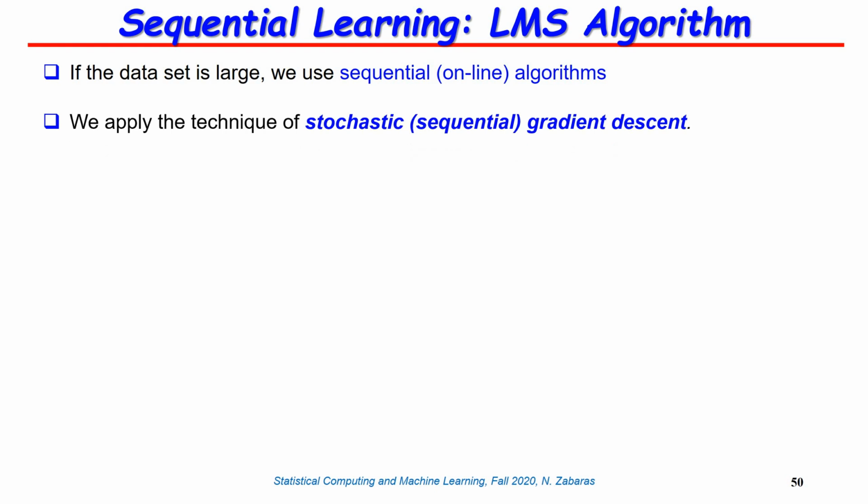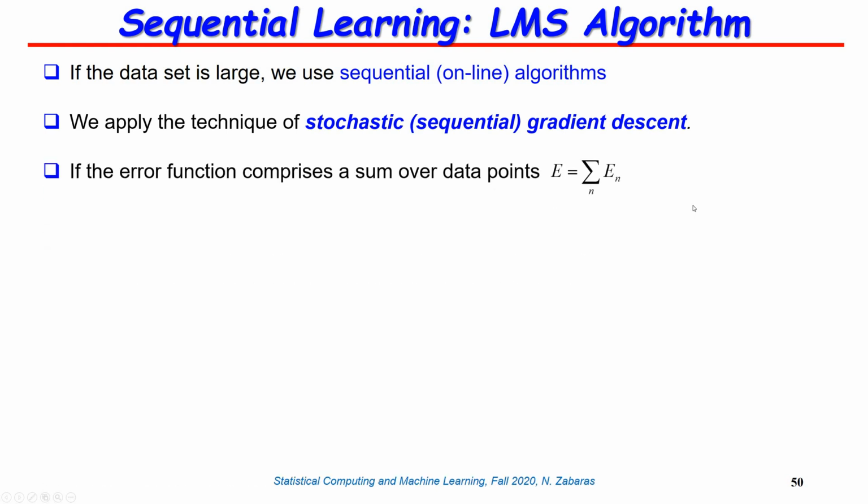If you want to produce iteratively an MLE estimate for the parameters W, so if you want basically to update the estimate for W one training point at a time, you can use the Robbins-Monro algorithm.